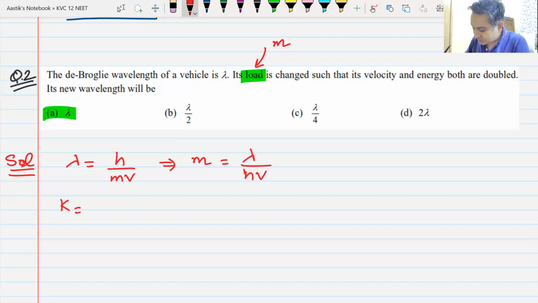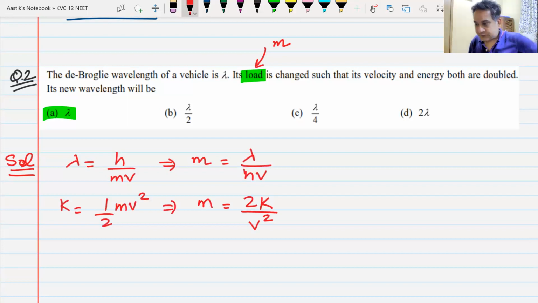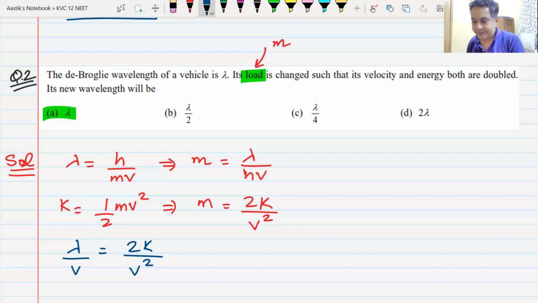The kinetic energy is half mv square, so I can write this mass as 2k by v square. So I've eliminated mass and written both in terms of v and kinetic energy. Now if I equate both, lambda by hv will be equal to 2k by v square.